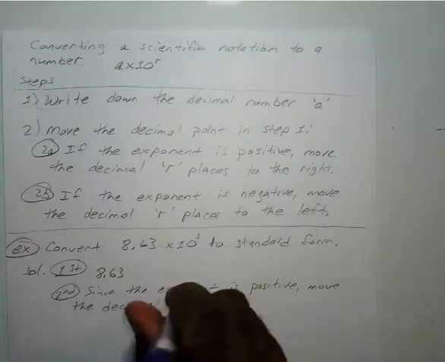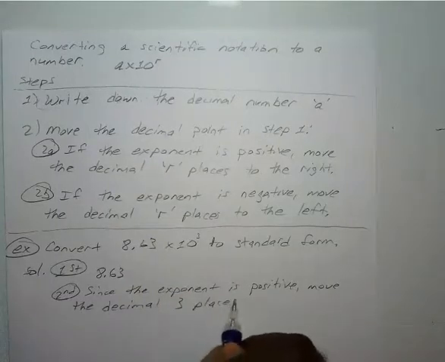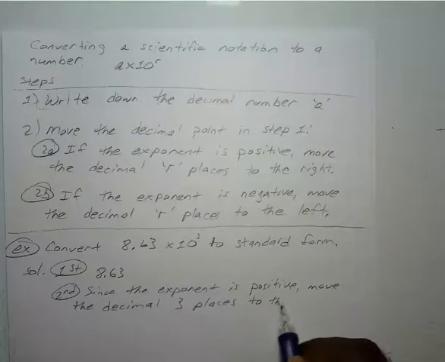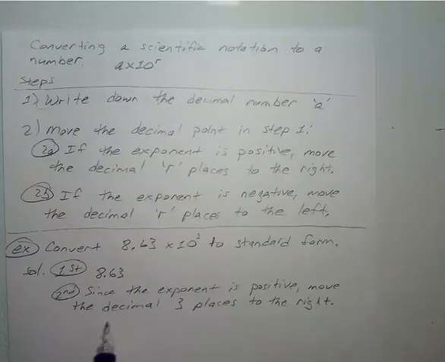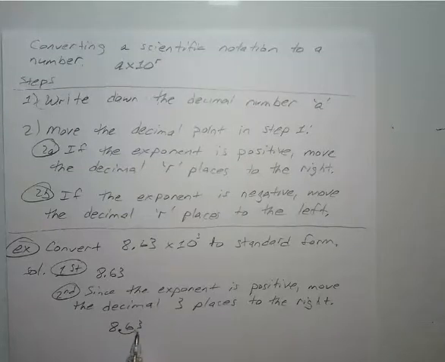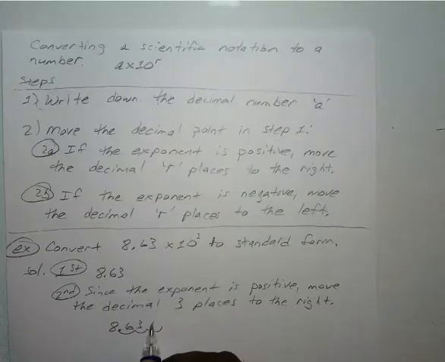So I might as well just write the number 3 instead of the word. Okay, so 3 places to the right, so that means 8.63. We're going to move it 1, 2, 3. Okay, now you notice you only have 2 values to the right. So if you move it 3 spaces, you have an extra space. Any extra spaces you moved it, fill them with a 0.